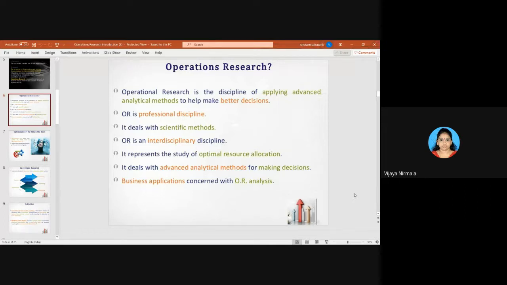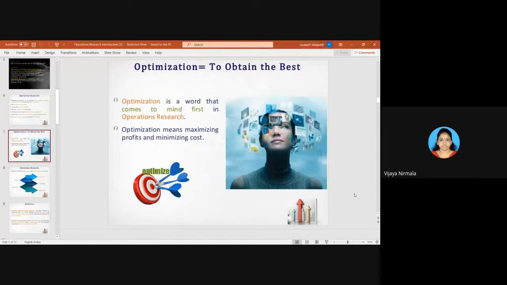Okay, now if you move to the next slide, you can see the terminology that we use in operations research is optimization. You use the terminology here, optimization. What is optimization? Now we will see.